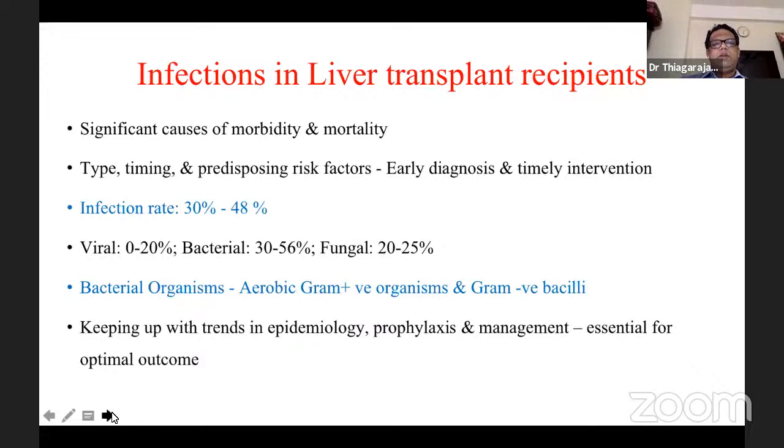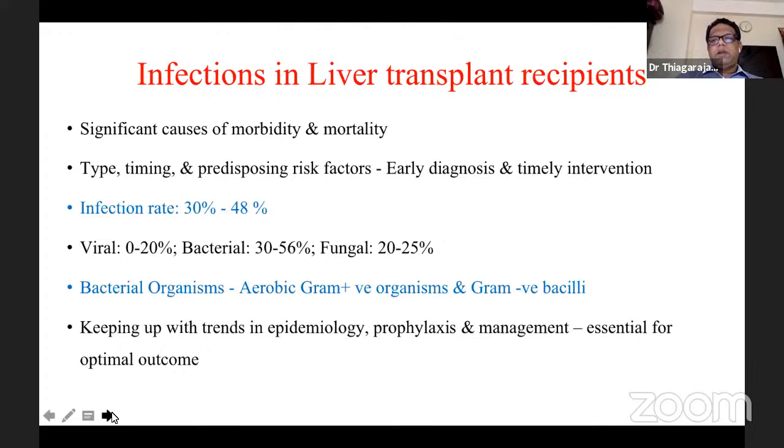Infections in liver transplant recipients are significant causes of mortality and morbidity. Knowledge of the timing of the infection and the predisposing risk factors helps in early diagnosis and timely intervention.